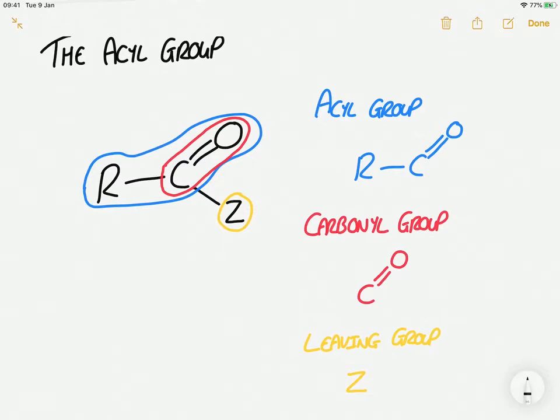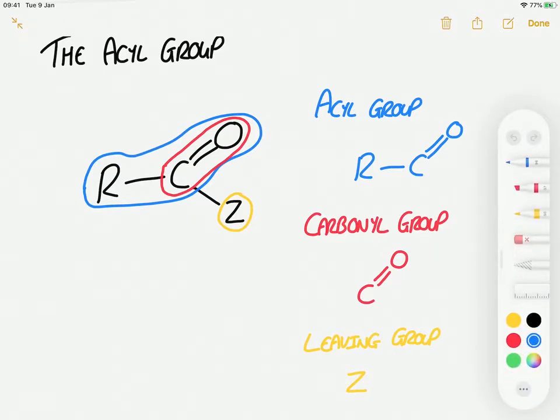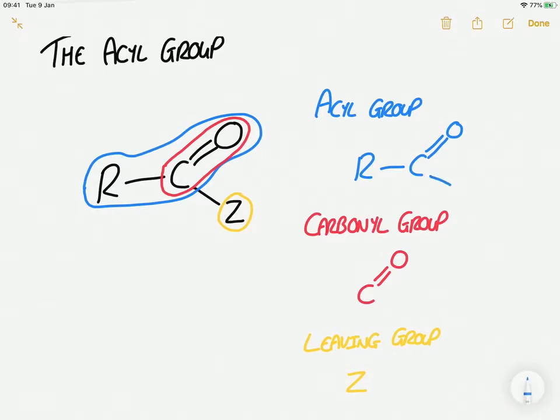Okay, so the acyl group is basically the part of this structure that's outlined in blue. It's the RCO part of it, as you can see in the key. Now, that structure cannot exist on its own. It has to be attached to something else, so there has to be something else bonded here where this carbon is. But the process of acylation is transferring that section, the R, the C, and the double bonded oxygen, to something else.